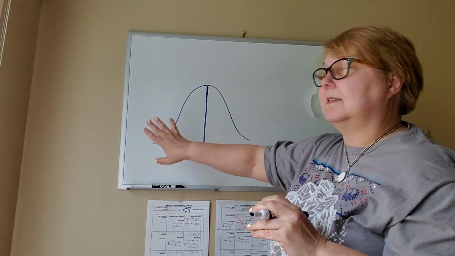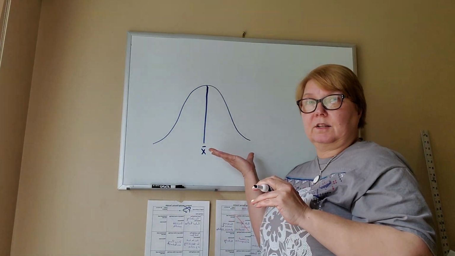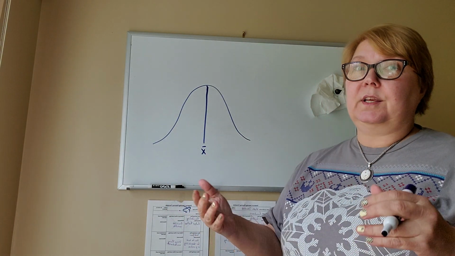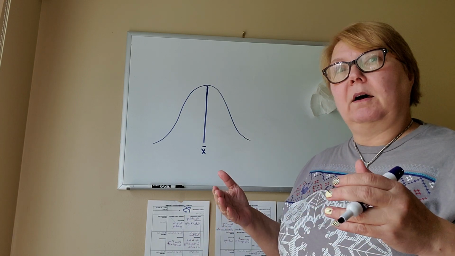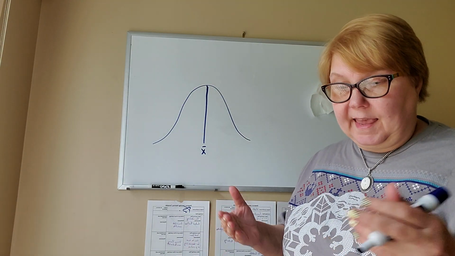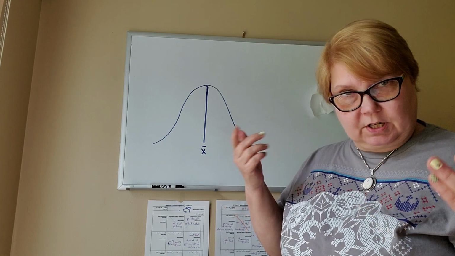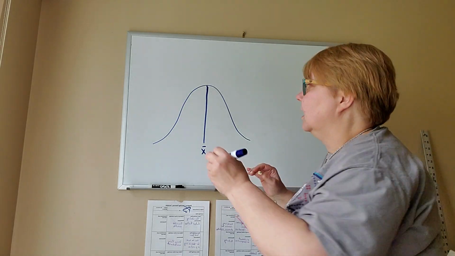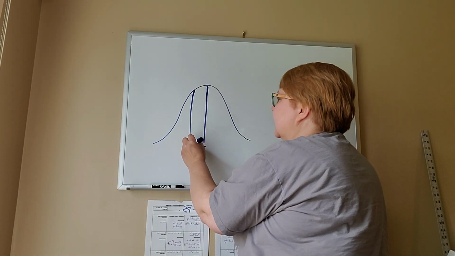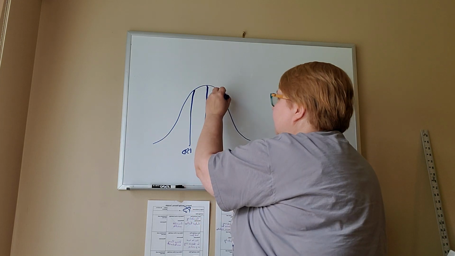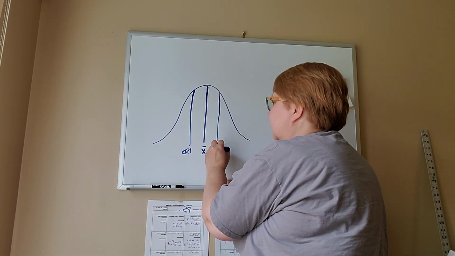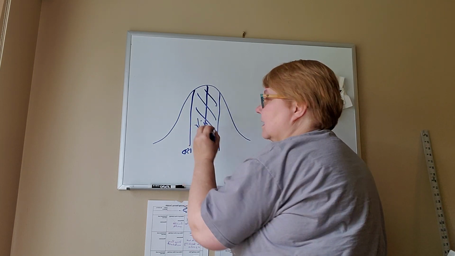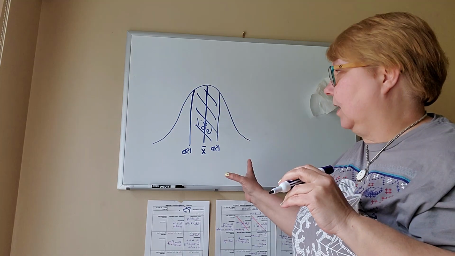And then because it's symmetric, that means that 50% of the curve is on the left, 50% of the curve is on the right. Not only that, but it also has a certain shape: one standard deviation up and one standard deviation down has 68% of the data in that area.